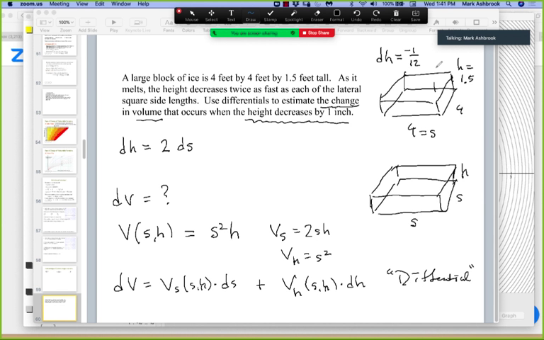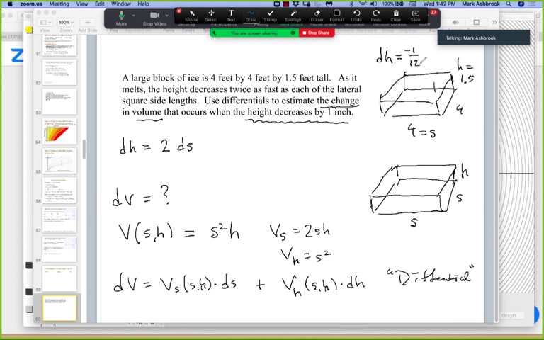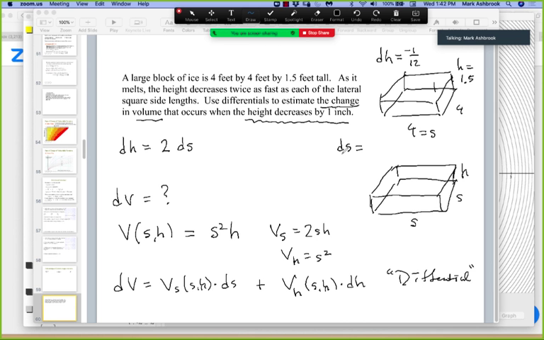If we're going to stay in feet, then we got to make that inch into feet. And what would dS be then? Given this fact, our dS would be what? Half of that, right? So negative 1/24, based on, we know that changes in height are twice the changes in side length.